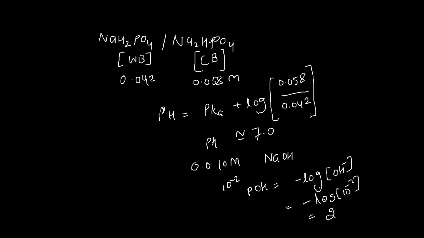So if you calculate the pH, pH plus pOH is equal to 14. So pH plus 2 equals 14. So pH should be equal to 12. So if this is not a buffer solution, then if you add 0.010 molar NaOH, its pH should change dramatically to 12, but it didn't happen.